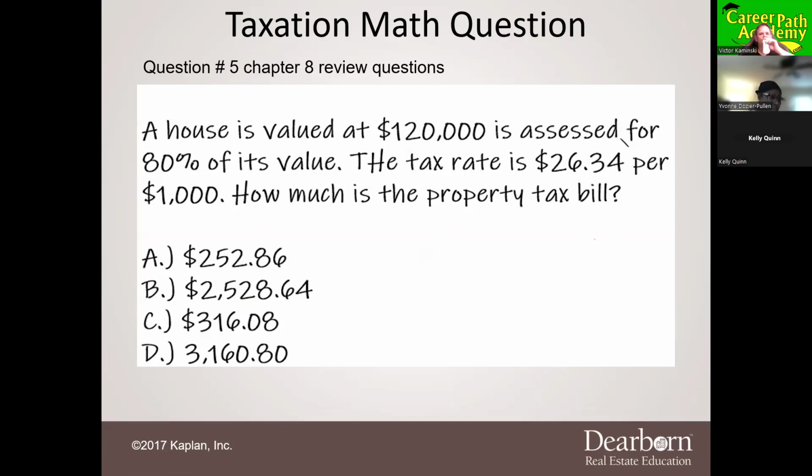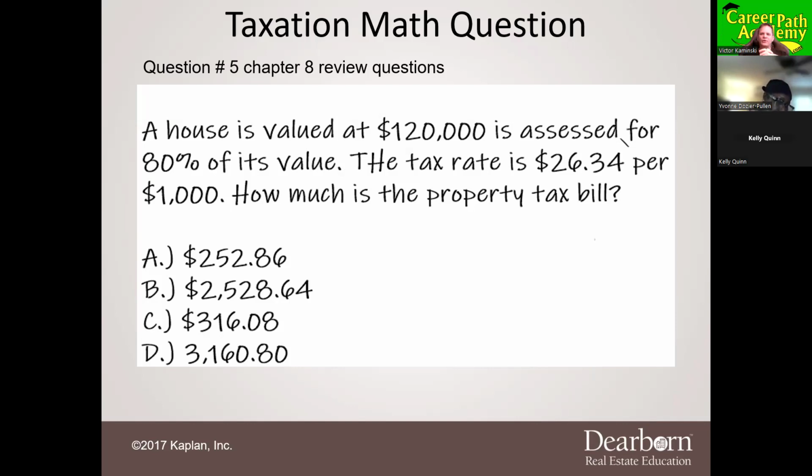Figure it out. So if the house is valued at $120,000 and it's assessed at 80% of its value, the tax rate is $26.34 per $1,000 of value. How much is the property tax bill?